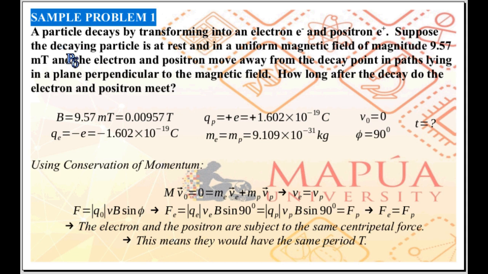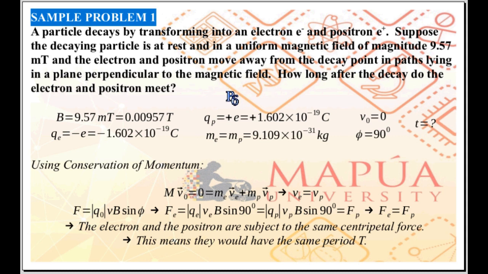Suppose the decaying particle is at rest and inside a uniform magnetic field of magnitude 9.57 millitesla. When the particle decayed into an electron and the positron, the two particles move away from the decay point, in paths lying in a plane perpendicular to the magnetic field.